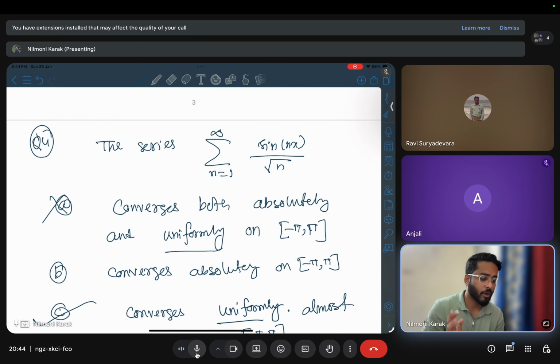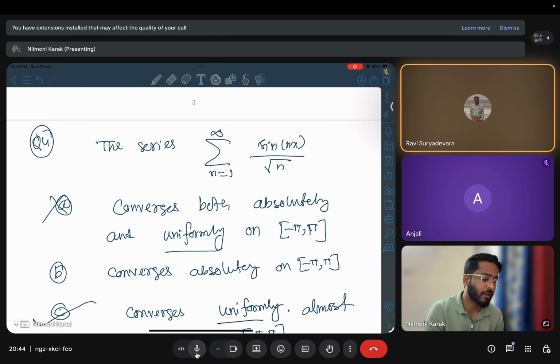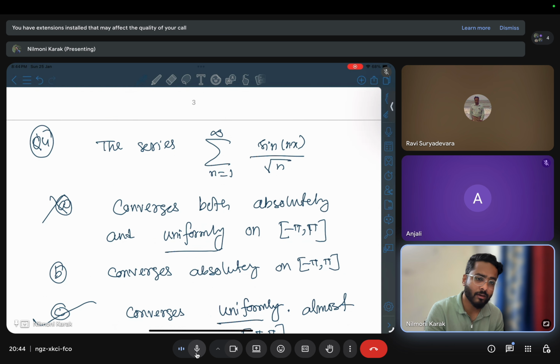See, for a particular value of x, what should you put? If you put x equals pi, then sin n pi is minus 1 to the power n, and in that case this is not absolute.